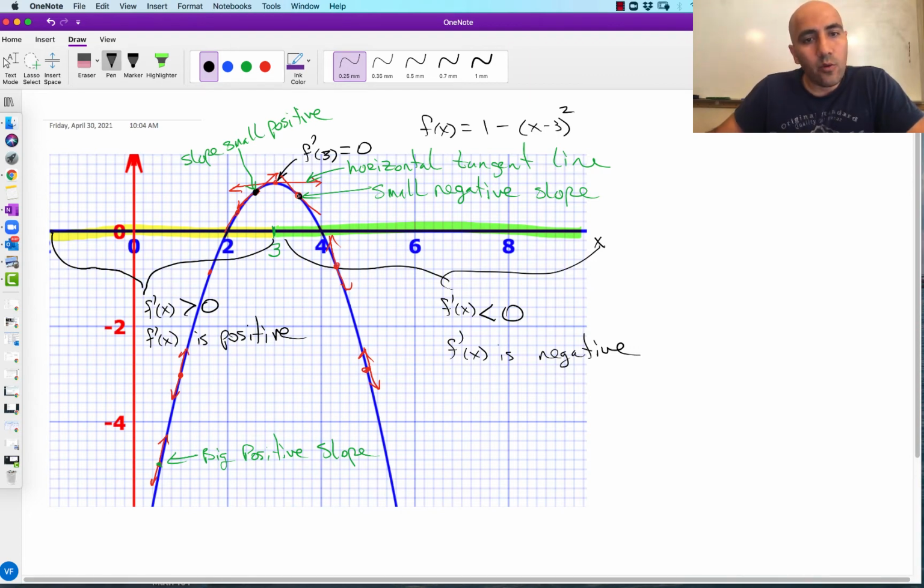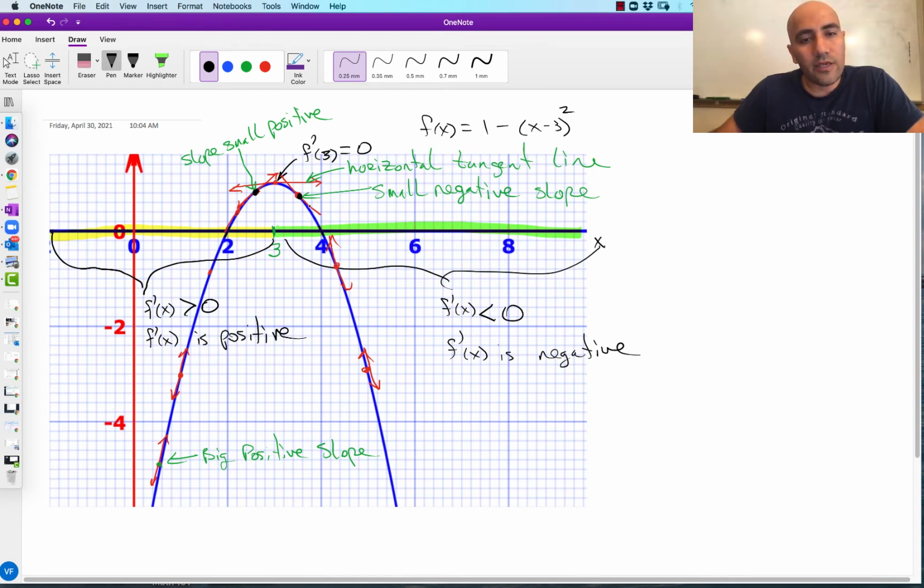So at this point, the actual function is positive. We're above the x-axis, so we're up here. That's our point. So the value is positive. But the slope of the line tangent at that point is a negative slope, right?